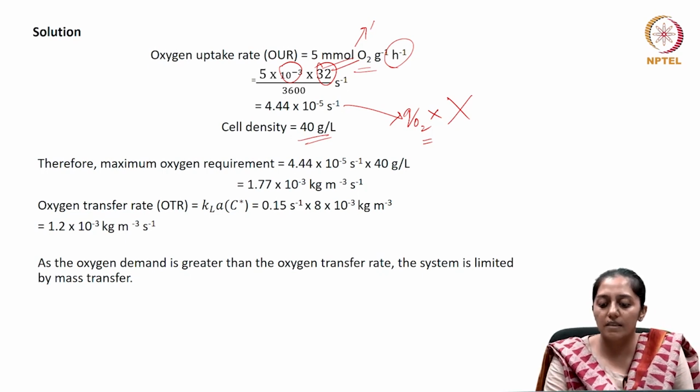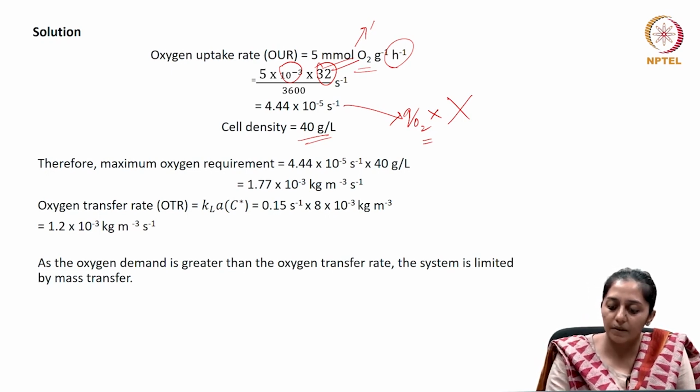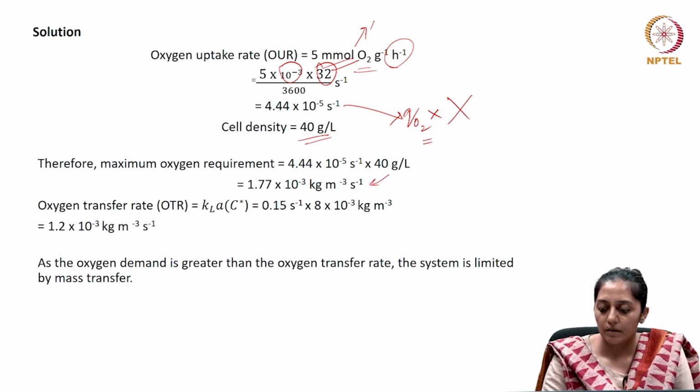Now, cell density is grams per liter. So, maximum oxygen uptake rate would be, again converting it into kg per meter cube, 1.77 into 10 to the power of minus 3 kg per meter cube per second.